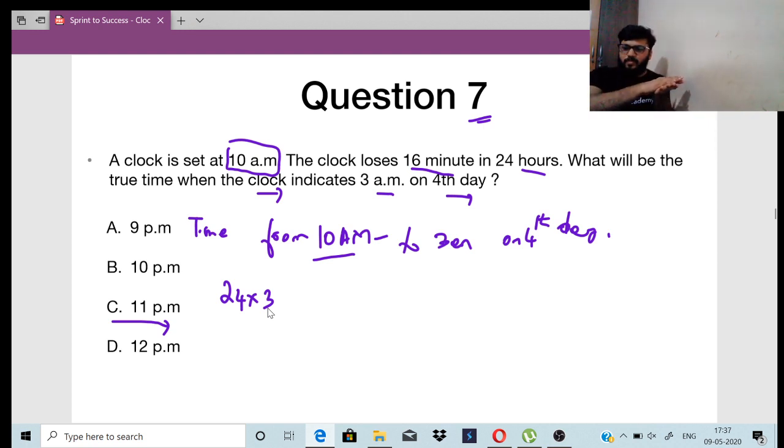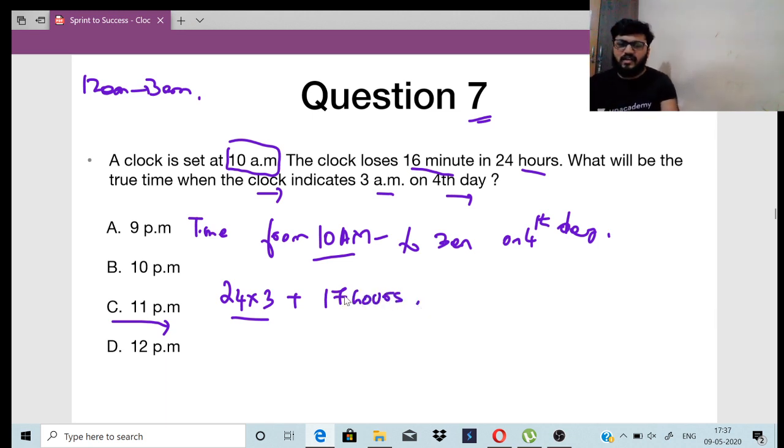Time from 10 a.m. to 3 a.m. on the fourth day. So tell me, 12 a.m. to 3 a.m., that is there. So 24 into 3. Out of these 4 days, you will have 3 complete days plus 17 hours, right?